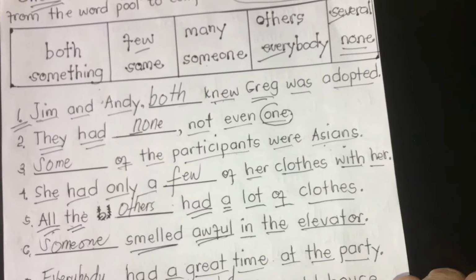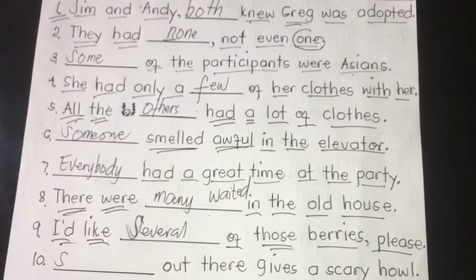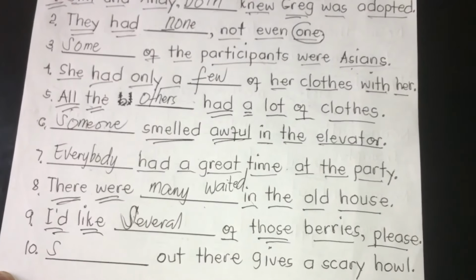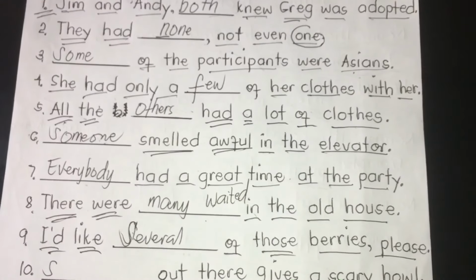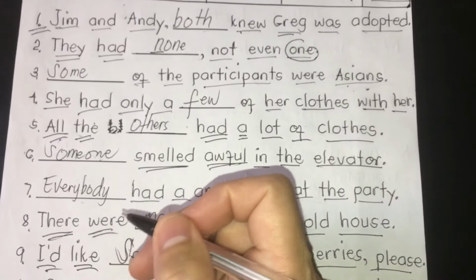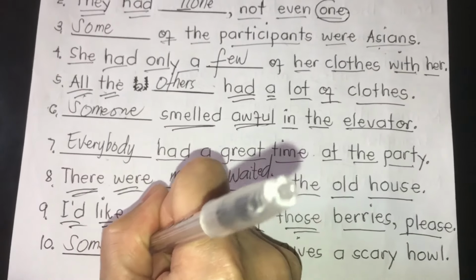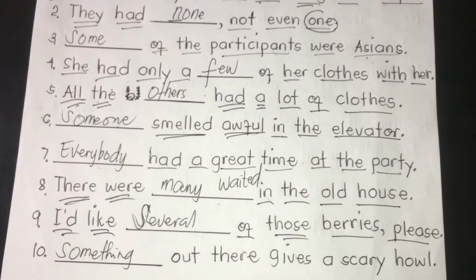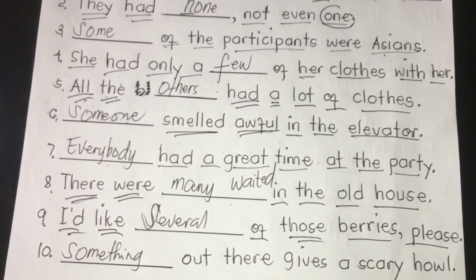Several. 10. Start with letter S. Blank out there gives a scary howl. Next we have something. We're going to write it. Something out there gives a scary howl.